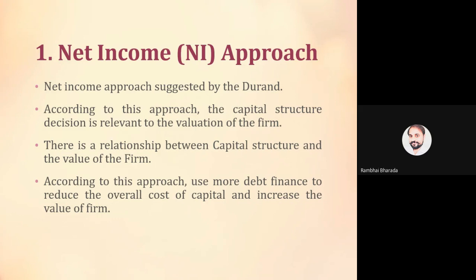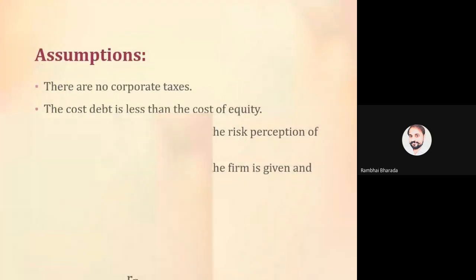Okay, here more use of debt means more debentures, more bonds, more bank loans, long term loans, debentures, and bonds. As the company uses more debt capital, the overall cost of capital will reduce like this.